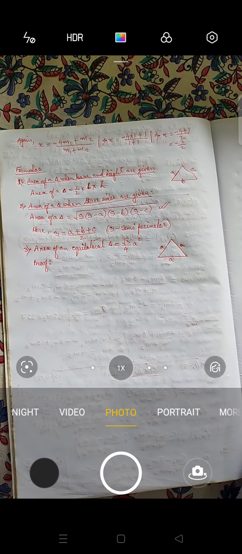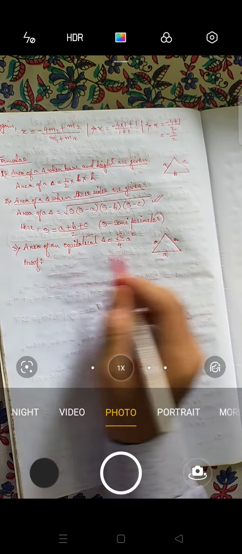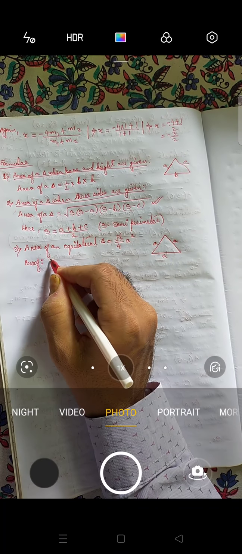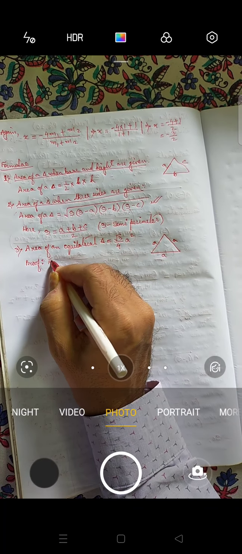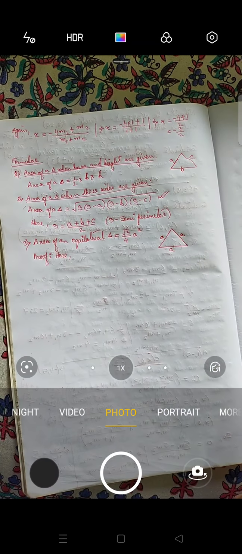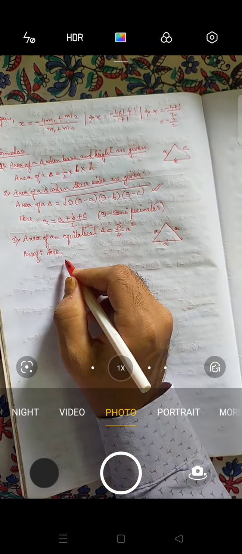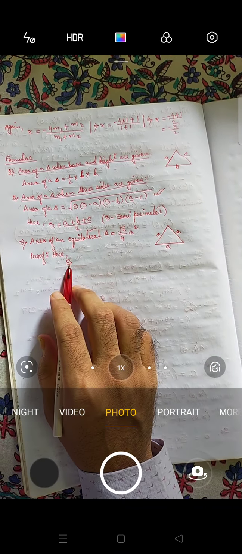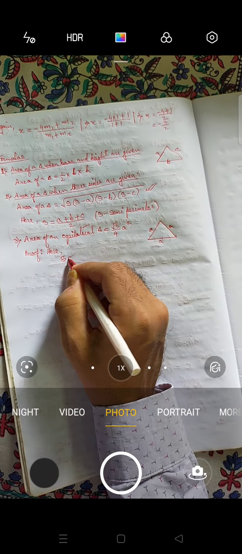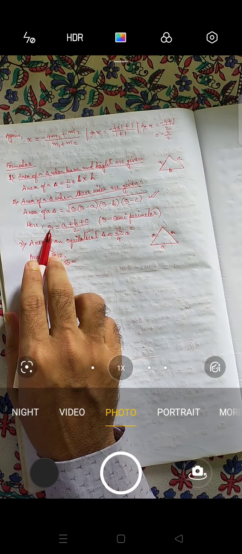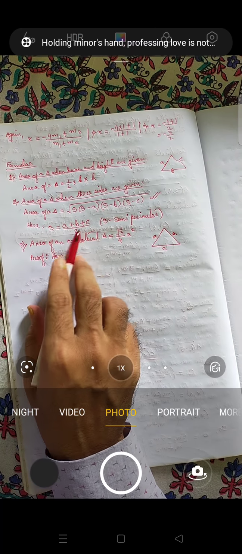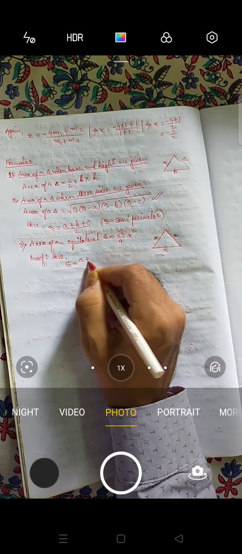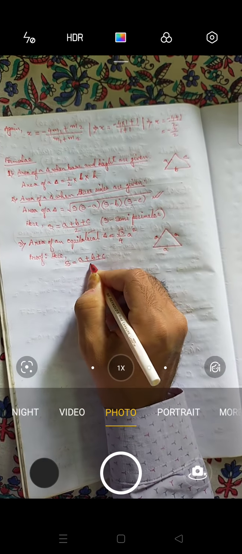So we will assume here S is equal to, S means semi perimeter. So S is equal to A plus B plus C by 2.